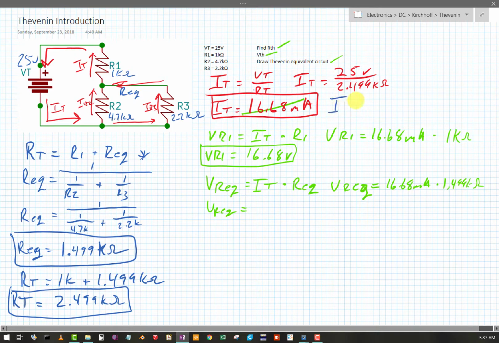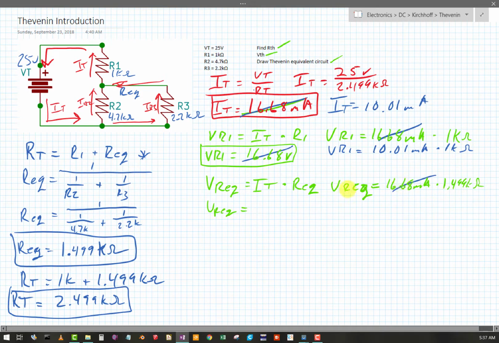So I total corrected is 10.01 milliamps. Okay, so that makes that number wrong and that number wrong. So VR1 equals 10.01 milliamps times 1k ohms. Look at that. So that's wrong.